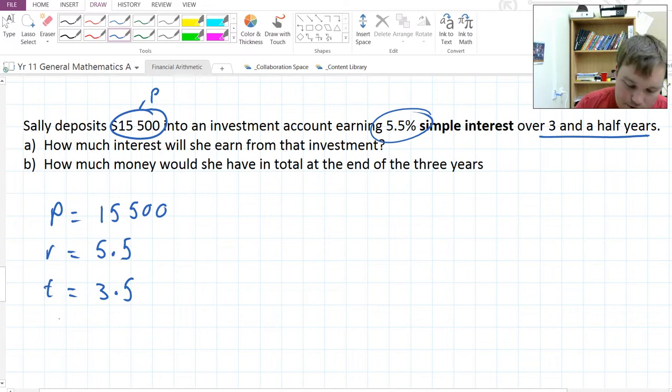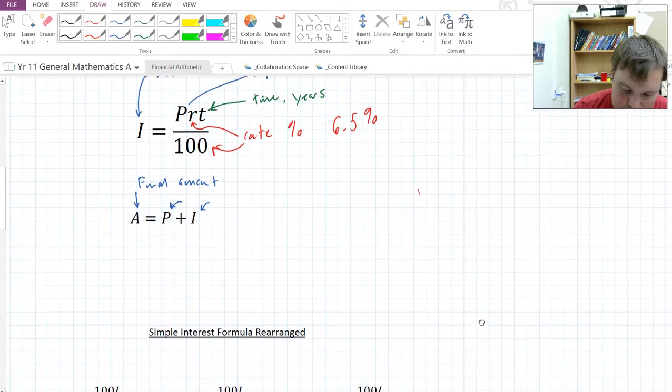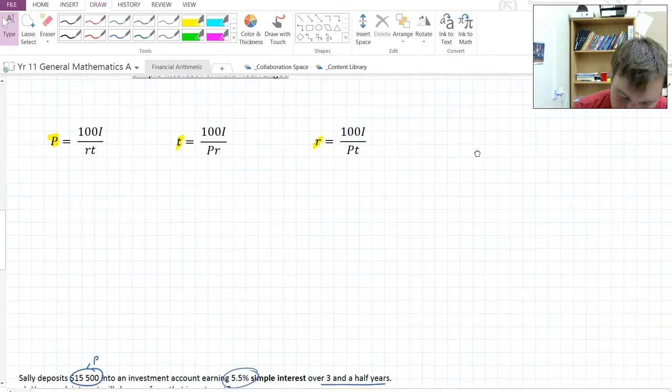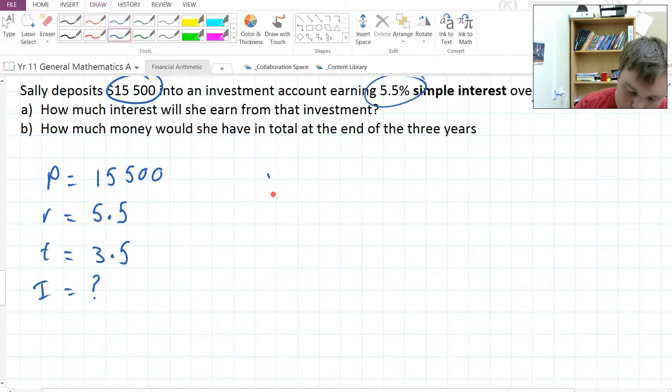And what we want is the interest. So, we go up here and look at which of our 4 formulas had interest by itself. Well, it's the one we started with. So, go down here. The formula we're going to use is interest equals PRT over 100.